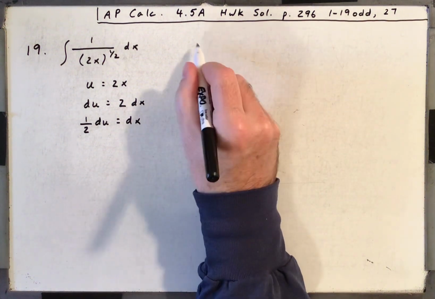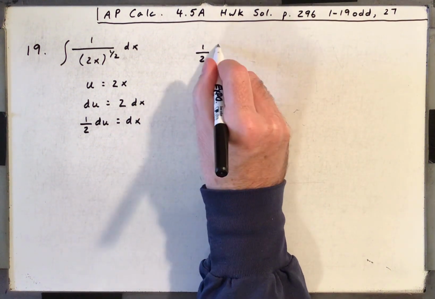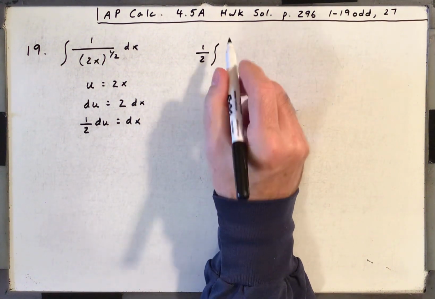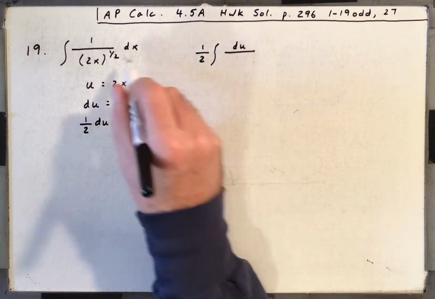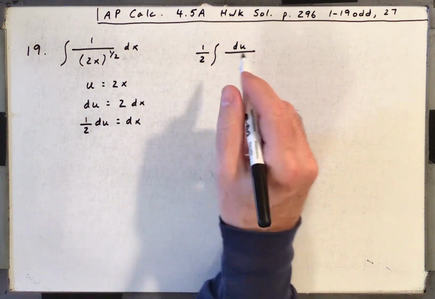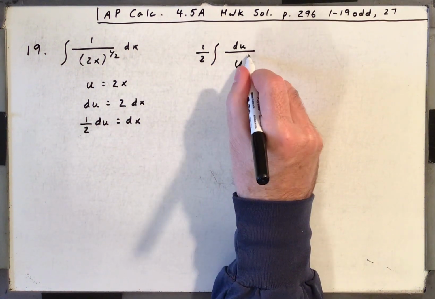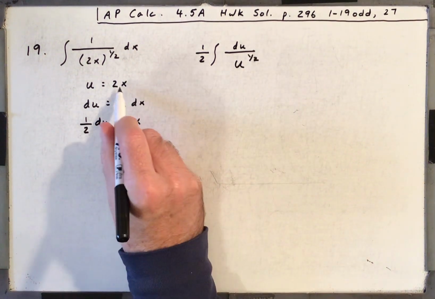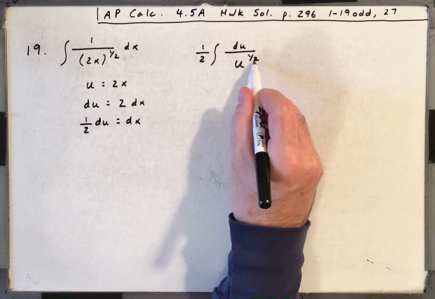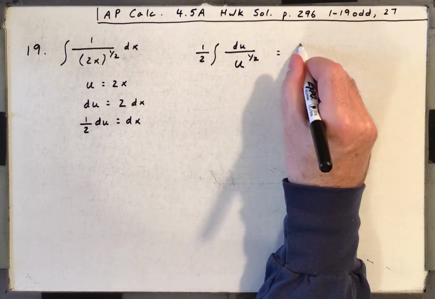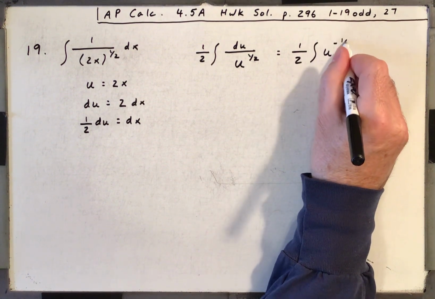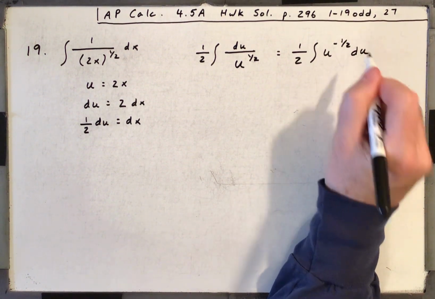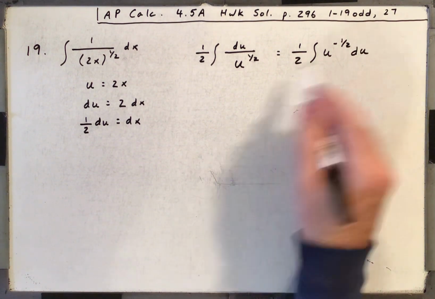And I can rewrite this integral by putting the 1/2 out front, and I would have du on top, because the dx is really on top, over u to the 1/2 power. Remember, 2x is u to the 1/2 power. That's going to be the same as 1/2 u to the minus 1/2 du.